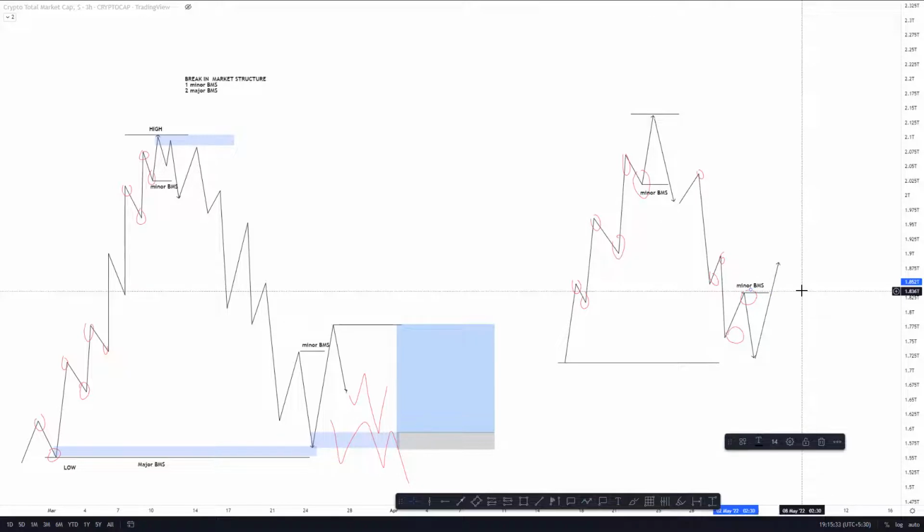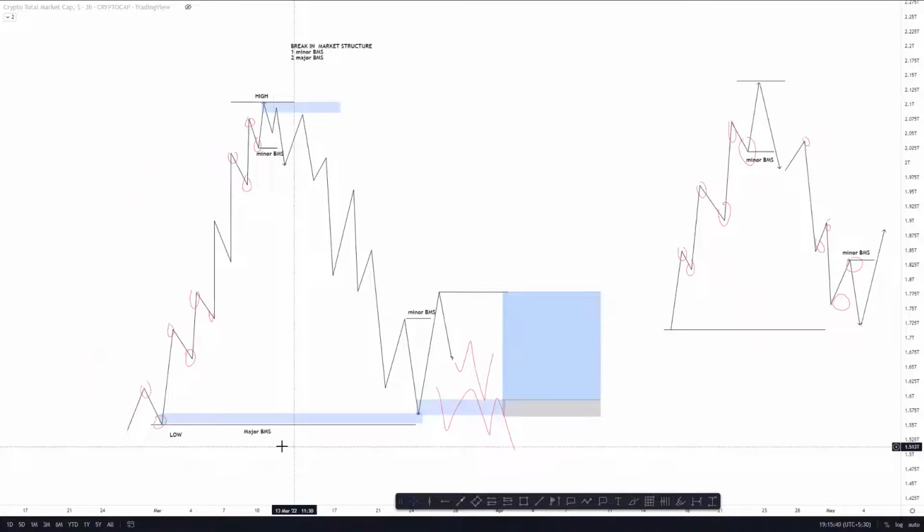So that was the thing I was explaining. If price breaks the last liquidity, the last low, that's when I will call this a major BMS.